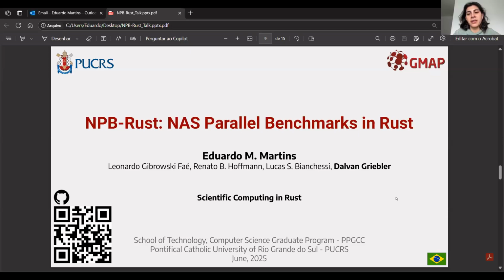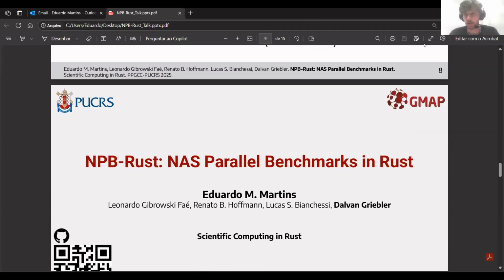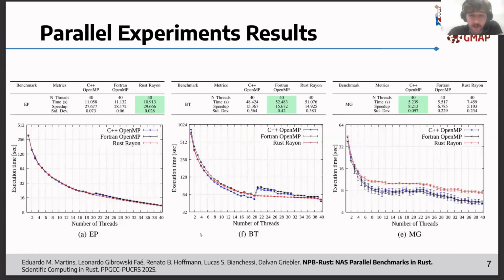Okay. And there's a second one. It says, could you go into more detail on the C++ and Fortran execution time jump from 20 to 22 threads? Why doesn't Rayon have it? Okay, yeah, sure. So let me go back here. For example, here, OpenMP uses a static scheduler.